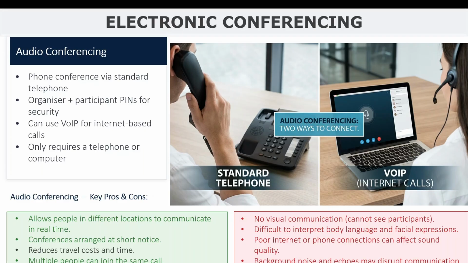It is difficult to read the body language or facial expression of people you are interacting with. And with poor internet connection, your sound quality can also be affected. Then finally, if you have background noises or echo, it can disrupt the communication.